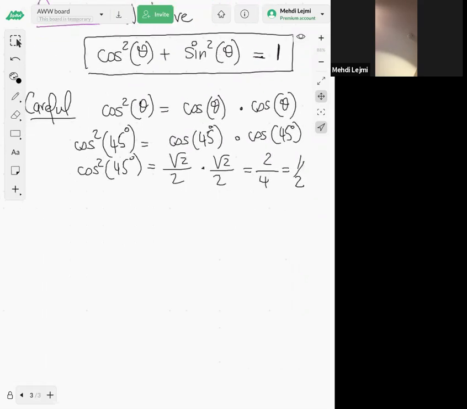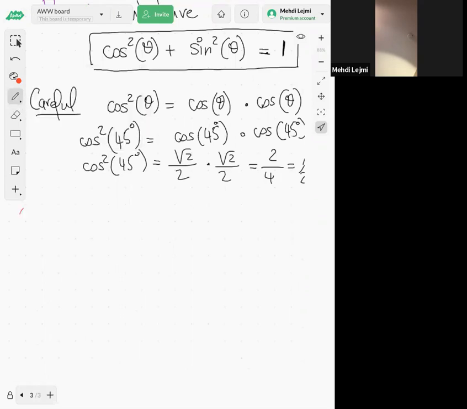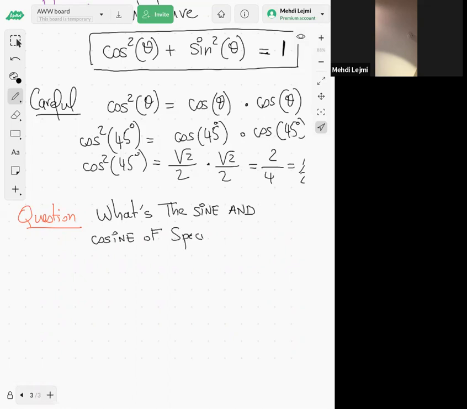So the question is, what's the sine and cosine of special angles between 0 and 90 degrees? 90 degrees, that's pi over 2, right? Pi is 180 degrees, so 90 degrees is pi over 2.